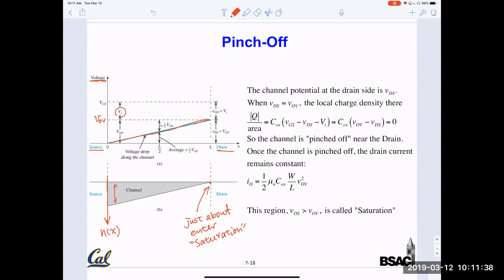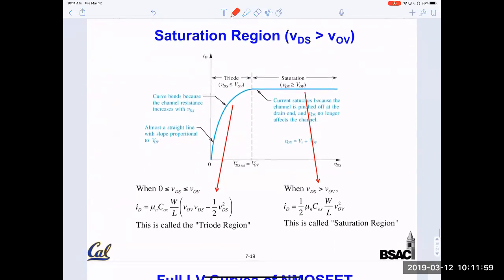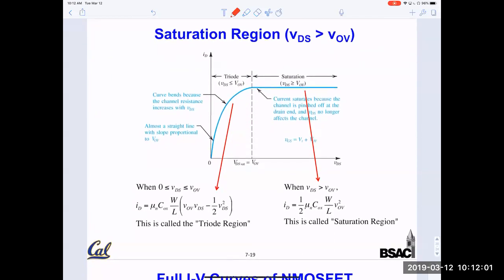Once you enter the saturation regime, this is the expression. This is what we commonly write as ID sat to distinguish it from the earlier triode regime. So we cover this. Any questions? No? Okay. Again, this is kind of a summary.